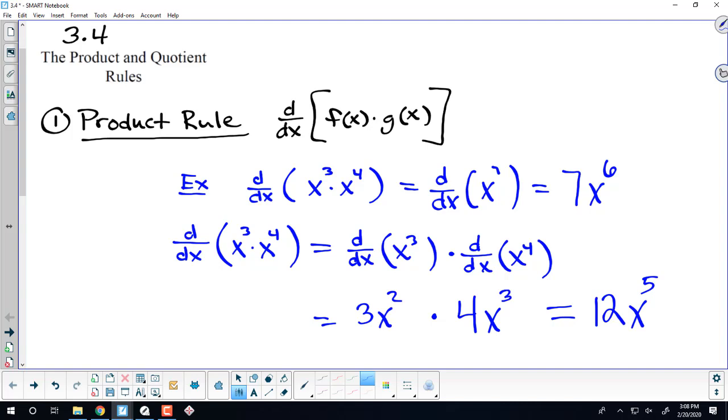So this should show us that it's not as straightforward. We can't take the derivative of a product by just taking the product of the derivatives. Like the derivative sort of distributed across sums and differences, the derivative does not distribute across a product. It's not, unfortunately, that straightforward.